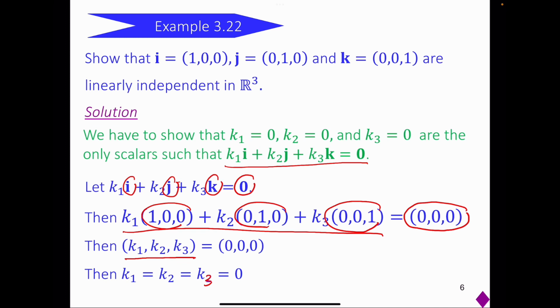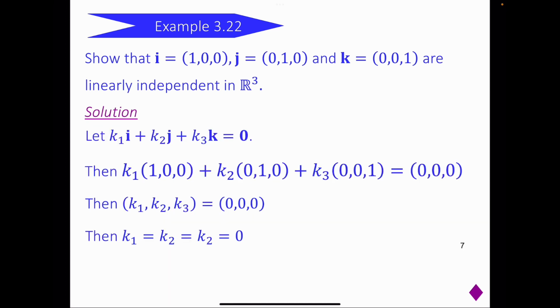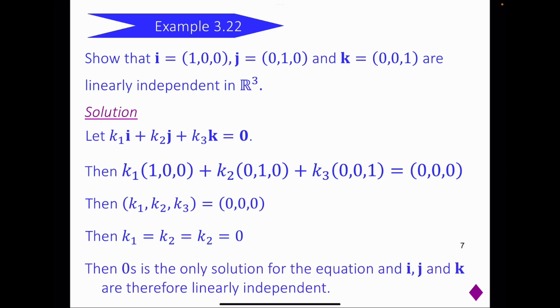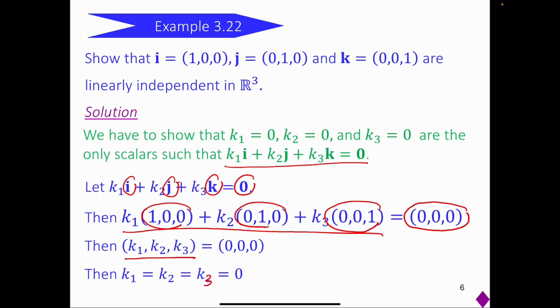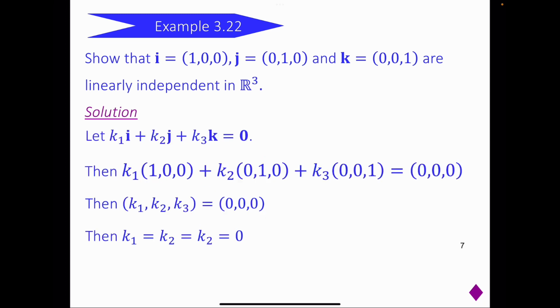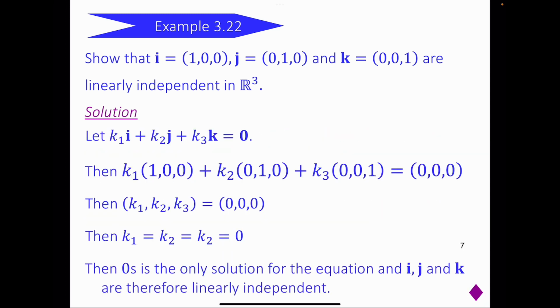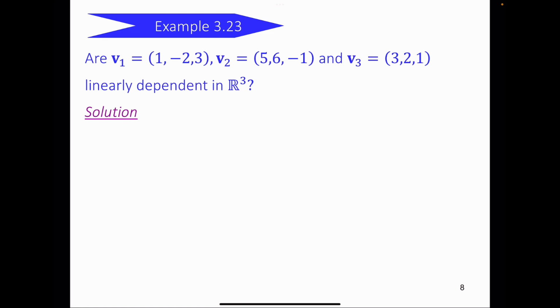Since the trivial solution is the only solution, therefore i, j and k form a linearly independent set. Okay, so we move to the next example.